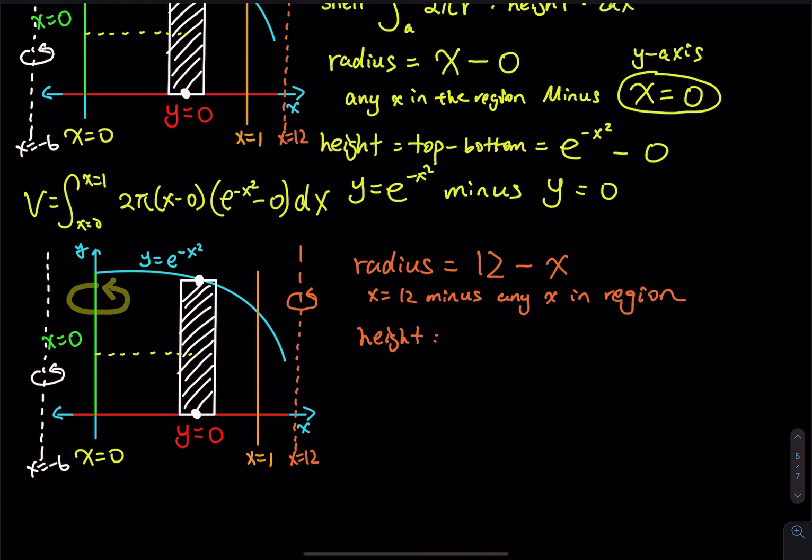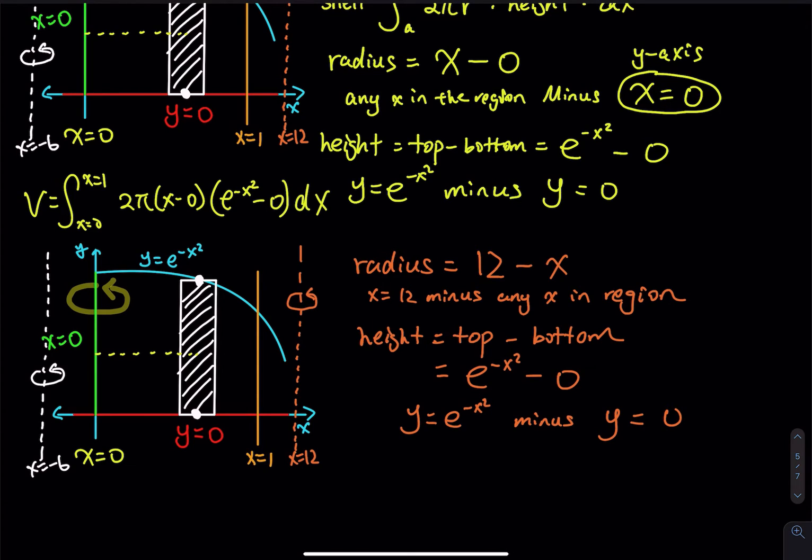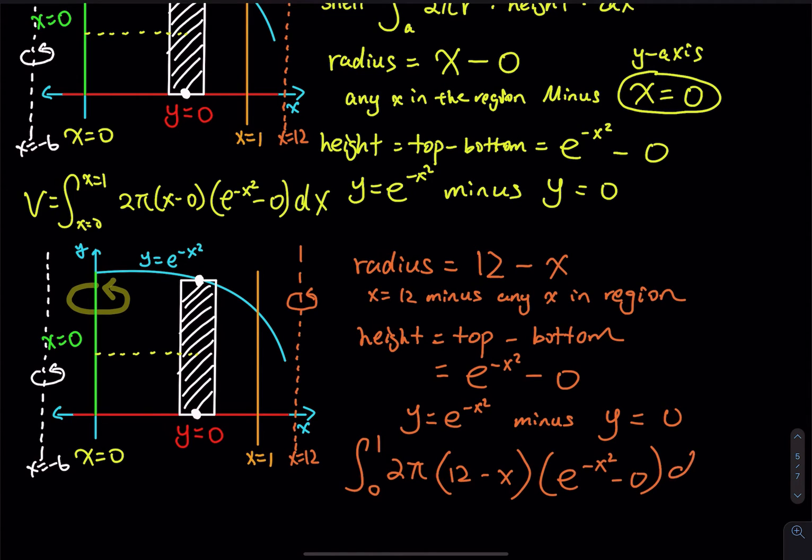Top curve minus the bottom curve. So that is e to the negative x squared minus 0, y equals e to the negative x squared minus y equals 0. And then the volume is the integral from 0 to 1, you have 2 pi times 12 minus x, and then e to the negative x squared minus 0, and this is dx. All right, so that is the orange.